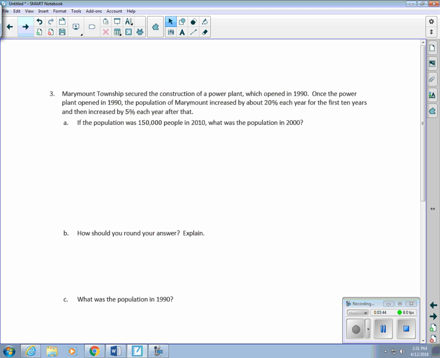We have a township that has the population increased by 20% for the first 10 years and then 5% after that. So if the population is 150,000 people in 2010, what is it in 2000? So that means I've got to work my way backwards.